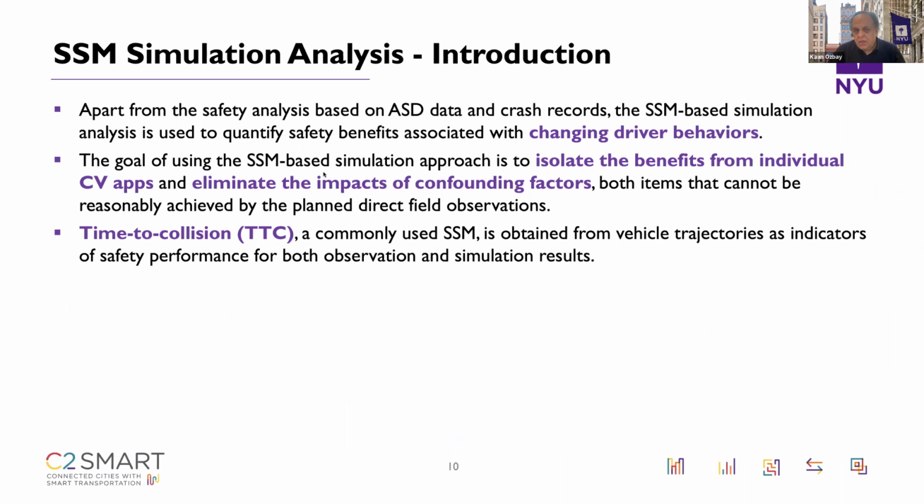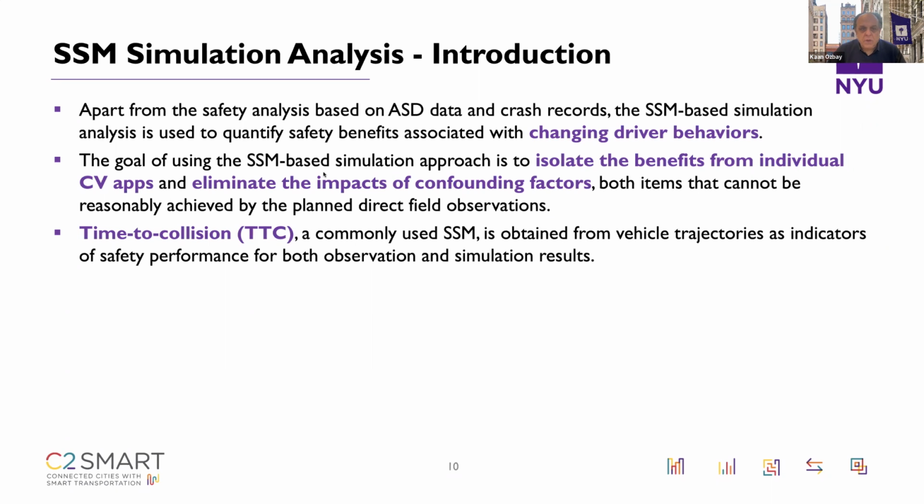But we are not ignoring the data that we are getting from the AST data, and we are not ignoring the crash records and so on. In the report you will see a large discussion of how we looked at the before and after AST data, which is the data that you get from the devices in vehicles, for both control and treatment groups. Treatment groups are the people who are hearing the warnings and then responding to those.